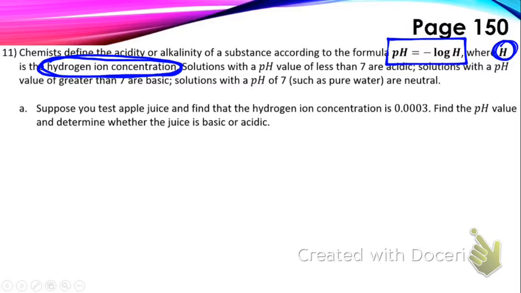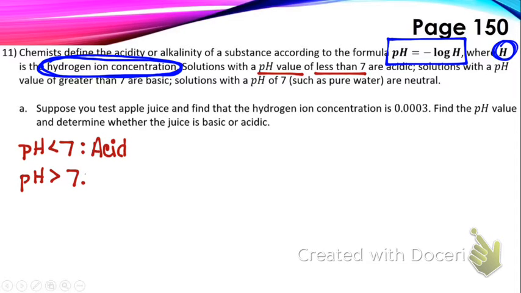If the pH value is less than 7, then we consider that to be acidic. So if our pH is less than 7, it's an acid. If the pH is greater than 7, then it's a base. What about if the pH is exactly 7? Neutral. That's neutral.